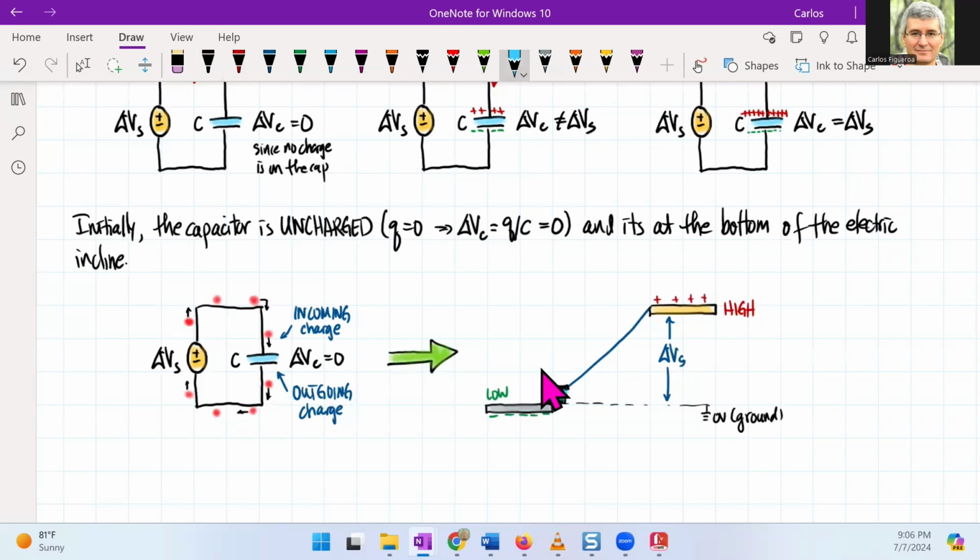What we're saying is that this guy has no height. But now I have lots of charges on the incline. What are these charges doing? These charges are moving down the incline and piling up. So we're seeing these charges moving down.